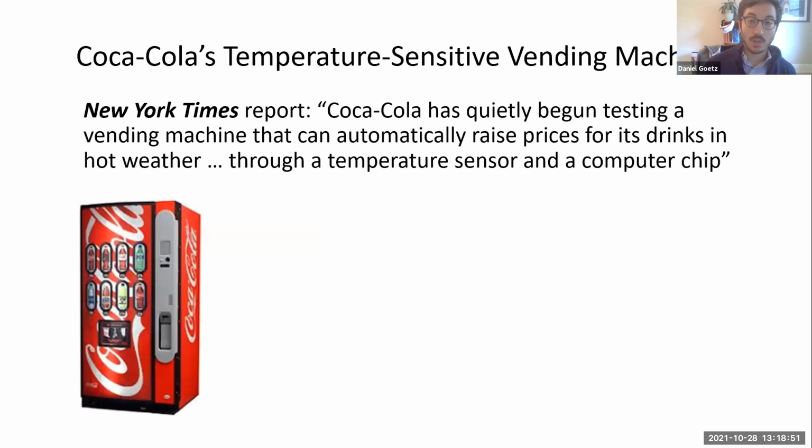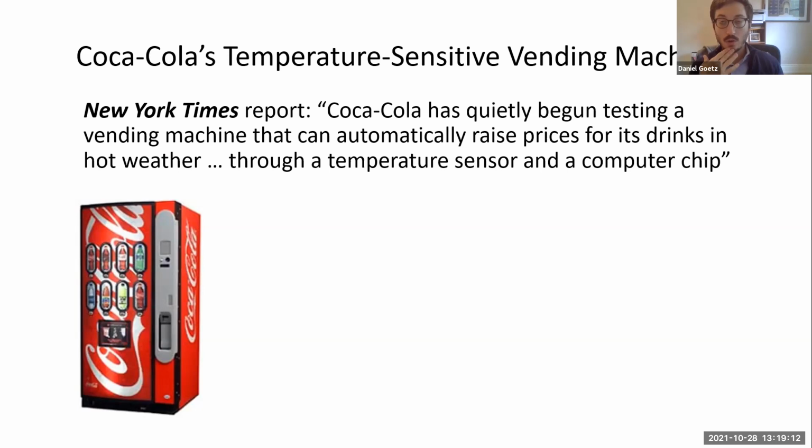Okay, so here's another example. We have Coca-Cola and a report saying that Coca-Cola has started thinking about testing a vending machine that can raise prices for its drinks in hot weather by using a temperature sensor and a computer chip. So why might this be a good idea?